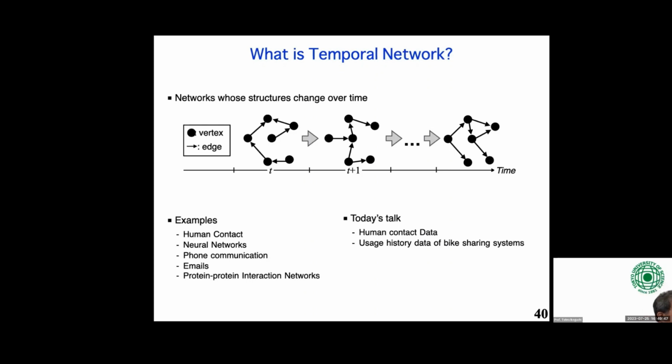Examples of temporal networks are person-to-person contact, human contact, neural networks, telephone communication networks, email networks, or protein-protein interaction networks. In today's talk, I will introduce two types of data. The first one is human contact data, and the second one is usage history data of a bike sharing system.